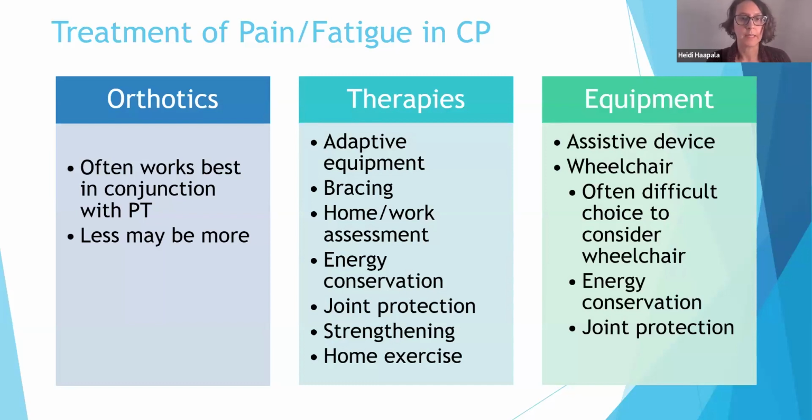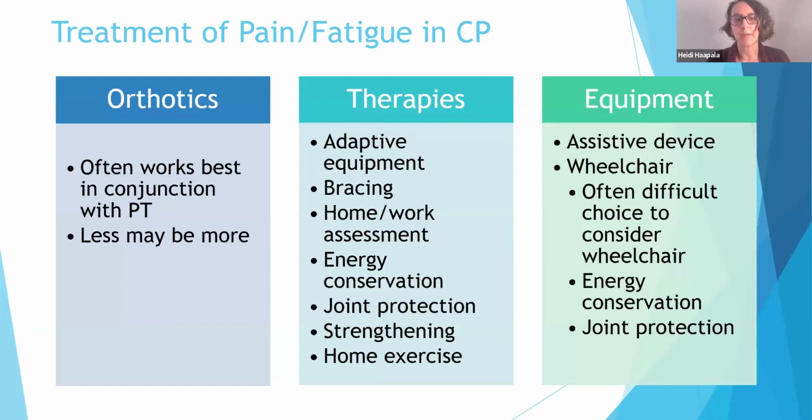Therapies can include, when you go to therapy, the therapist can talk to you about adaptive equipment, energy conservation, joint protection, strengthening, and especially a home exercise program. Equipment things that we will look at oftentimes would be assistive devices like a cane, crutches, walkers, wheelchairs.